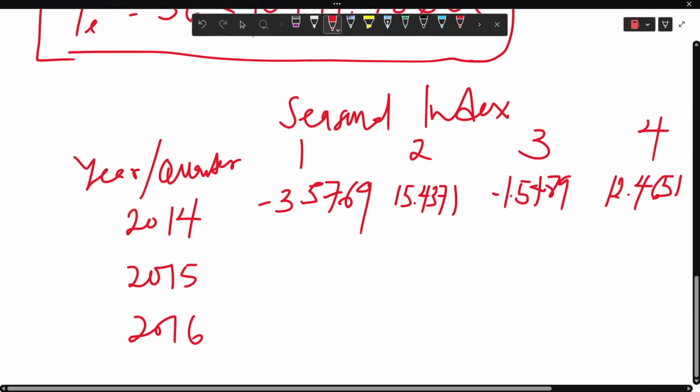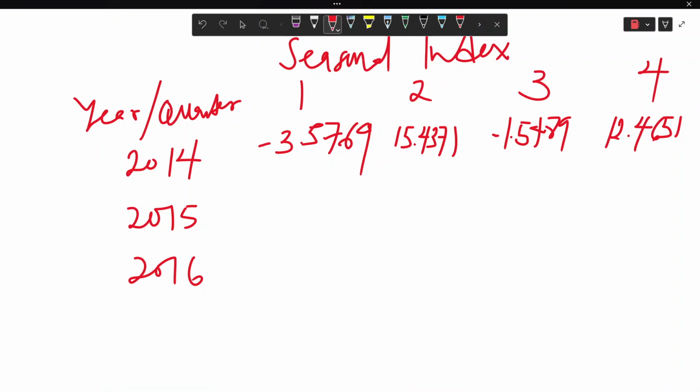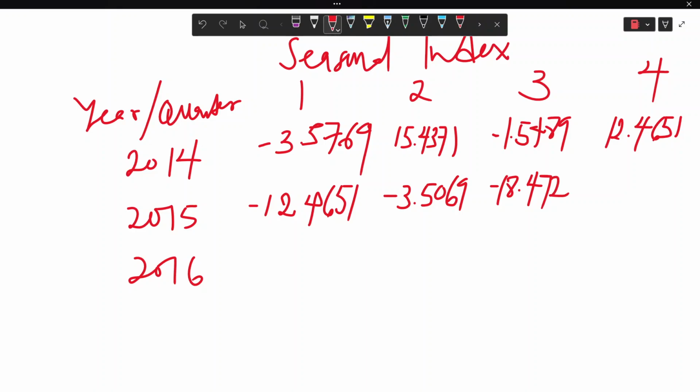When you go to 2015, we had the first quarter to be negative 12.5209. Negative 3.5069. Negative 18.4929.